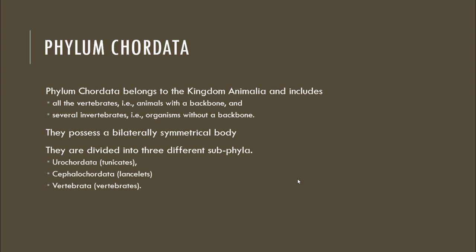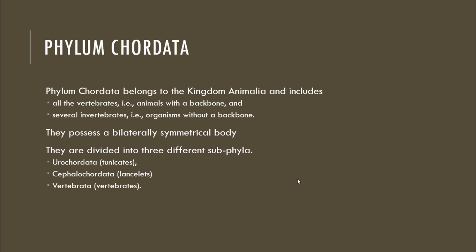Although Echinodermata is also radially symmetrical, it's just an exception. But you notice there is a trend from asymmetry to radial symmetry, then to bilateral symmetry. Do you get my point? So chordates also have a bilaterally symmetrical body, and they are divided into subphyla.